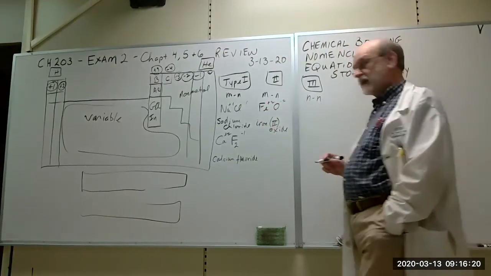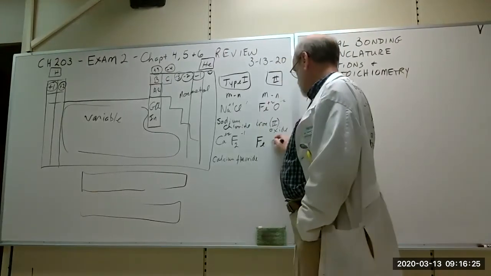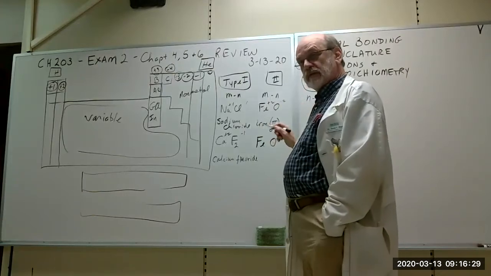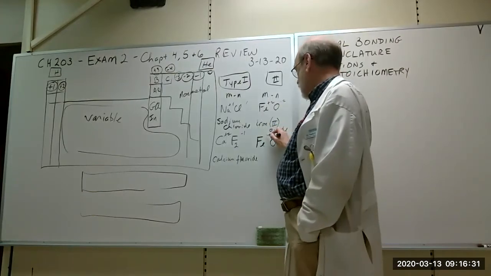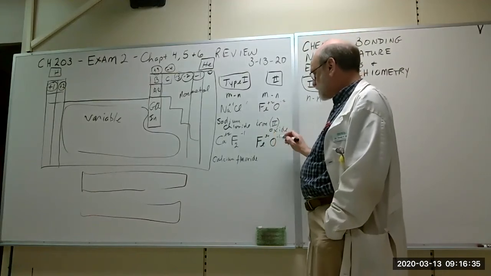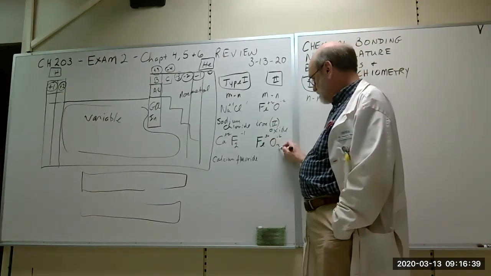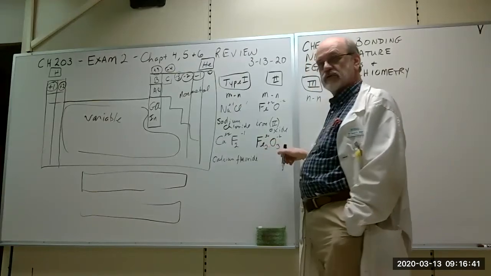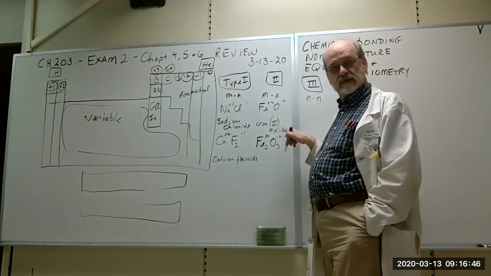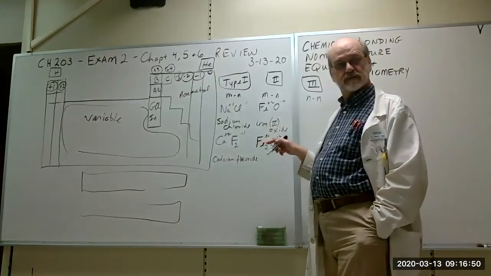Okay? Now, if we have this compound, and I told you that iron was a +3 charge, and you know that oxygen is a -2, and the ratio has to be 2 irons and 3 oxygens, because 3 times 2 minus is 6 minus, and 2 times 3 plus is 6 plus.